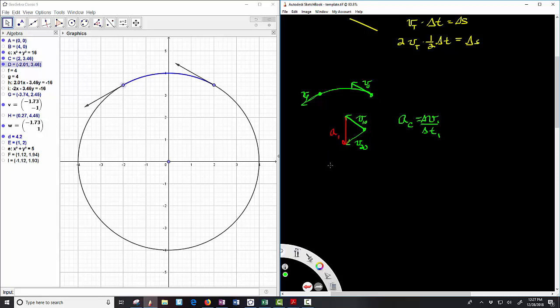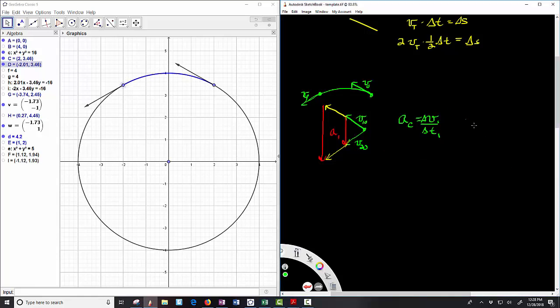Okay, so what happens if I double the velocity? We're going to increase that by doubling it. We can see that the acceleration clearly is going to be much bigger. But I want to analyze over the same arc length. That's the key. Since I'm going twice as fast, it's going to take me half the time.